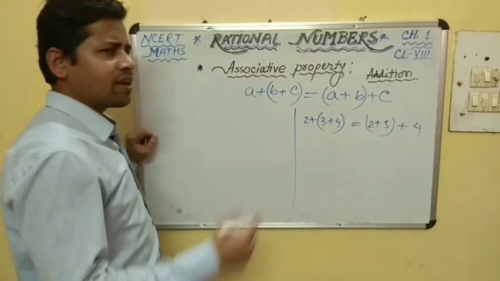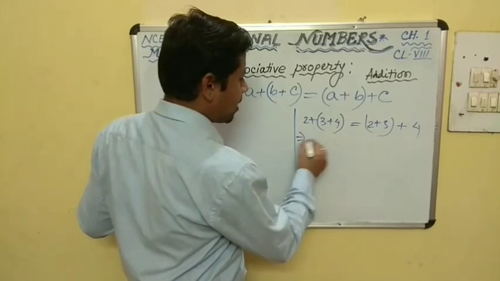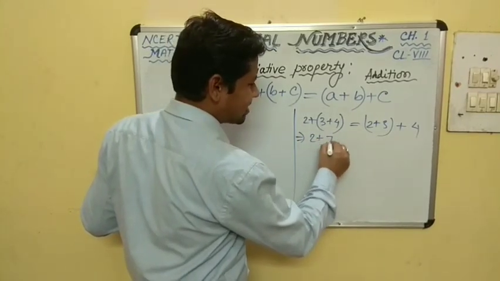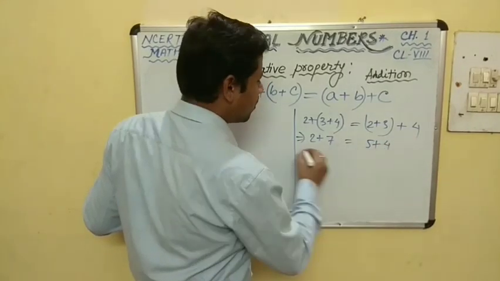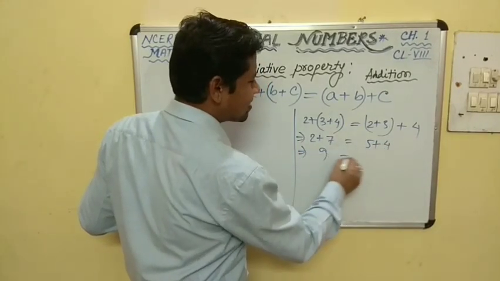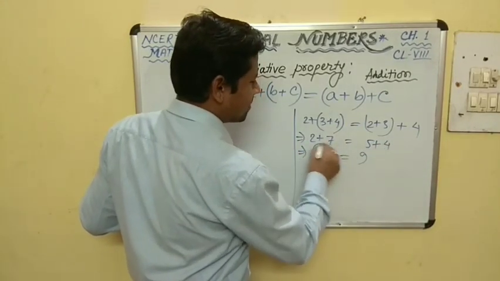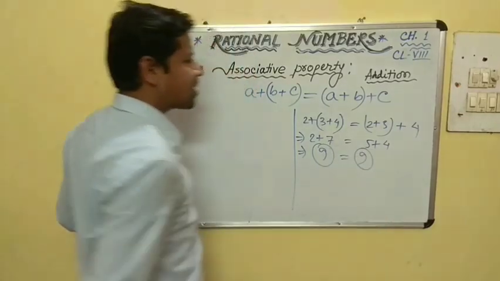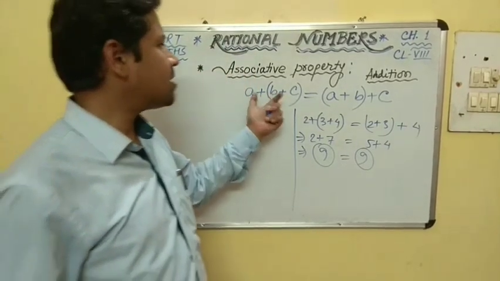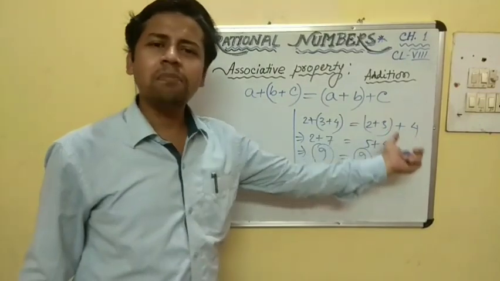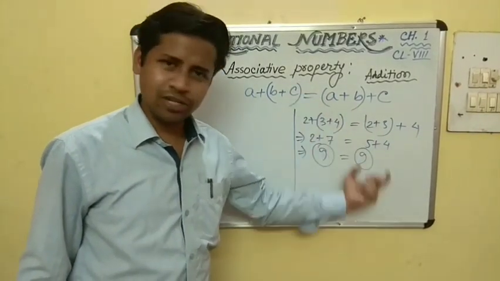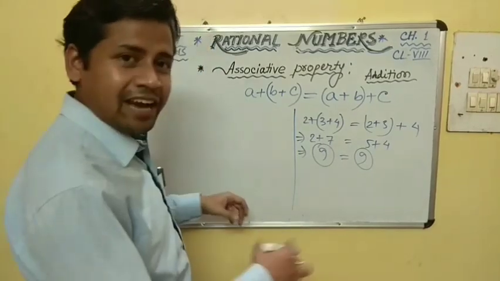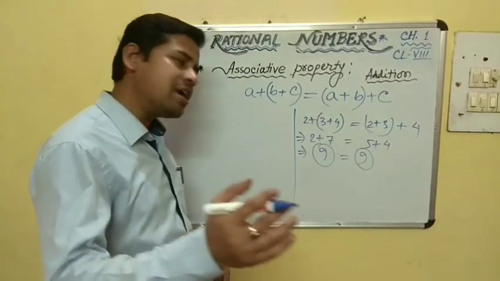Yes, of course. Because 5 plus 4 is equal to 2 plus 7. Both the cases give the result 9 because they are equal. So that means (a plus b) plus c equals a plus (b plus c). In case of whole numbers it is satisfied, and whole numbers are also rational numbers. If you take any integer also, it will be equal.